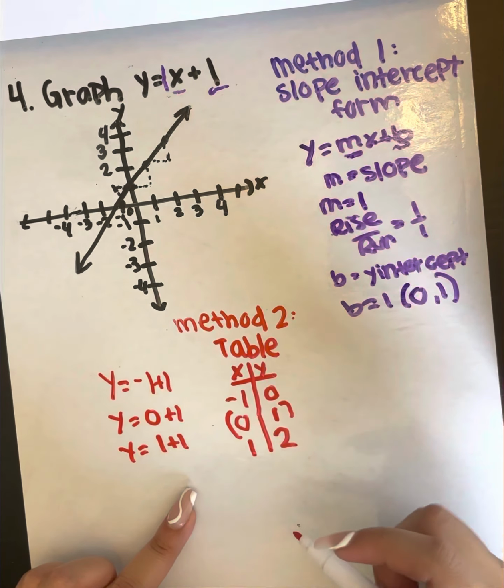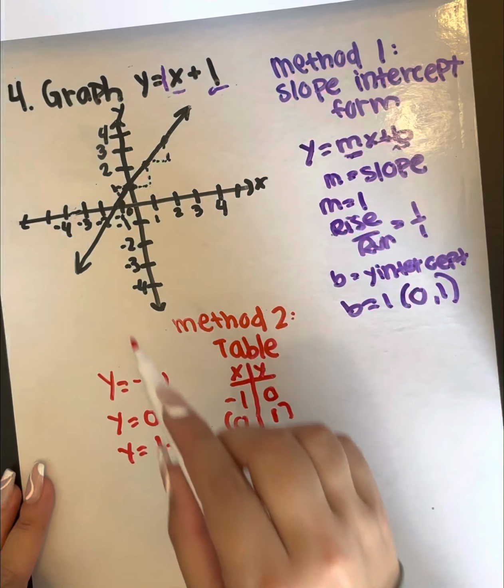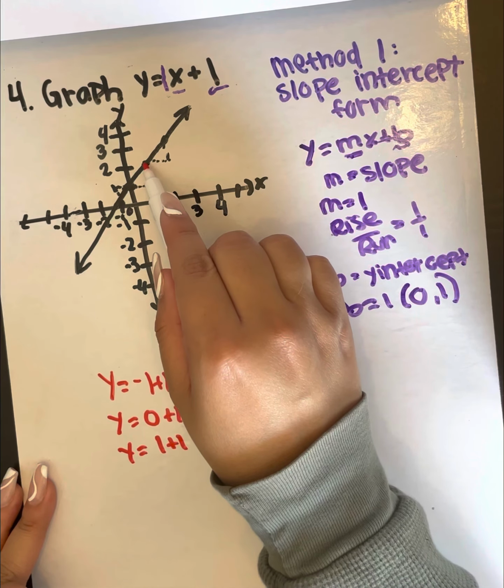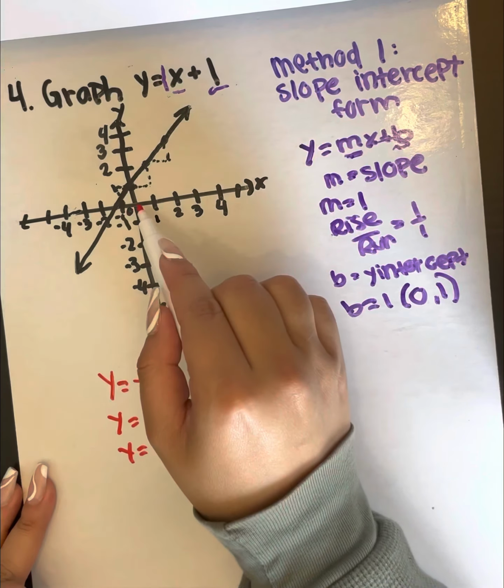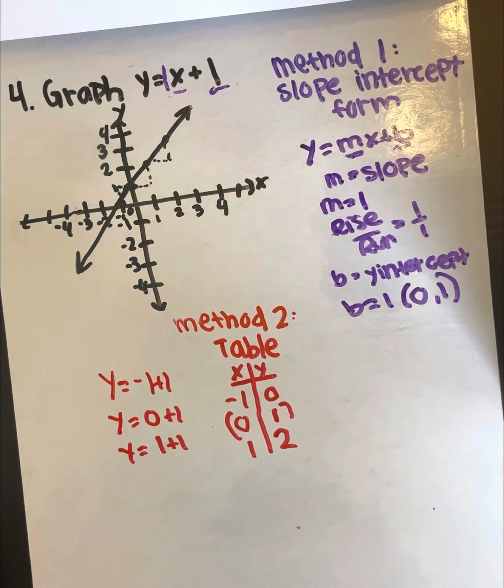That was our y-intercept. And over here, 1, 2, we have that point, and -1, 0, we have that point. So these methods are the same, would give you the same solution. You can choose to use whichever one you want. And that was the last problem for your QR code review on solving equations.